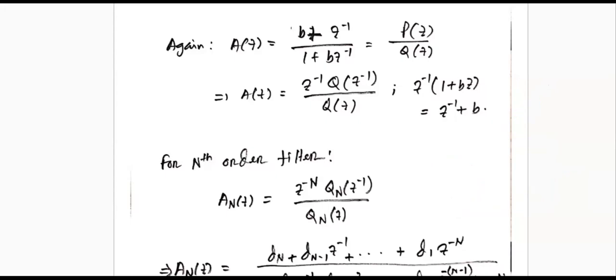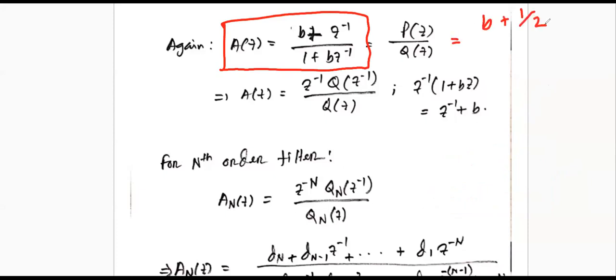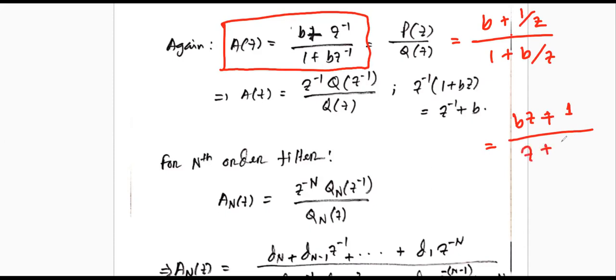Okay, so as we derived in the last class, for a single-order all-pass filter, we can write it like this: (B plus 1/Z) divided by (1 plus B/Z). From there, we can also write this as (1 plus BZ) divided by (Z plus B), where the numerator represents the zero location.